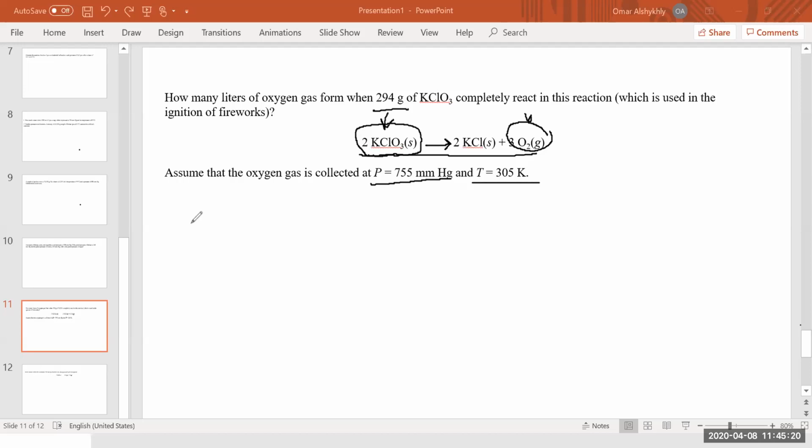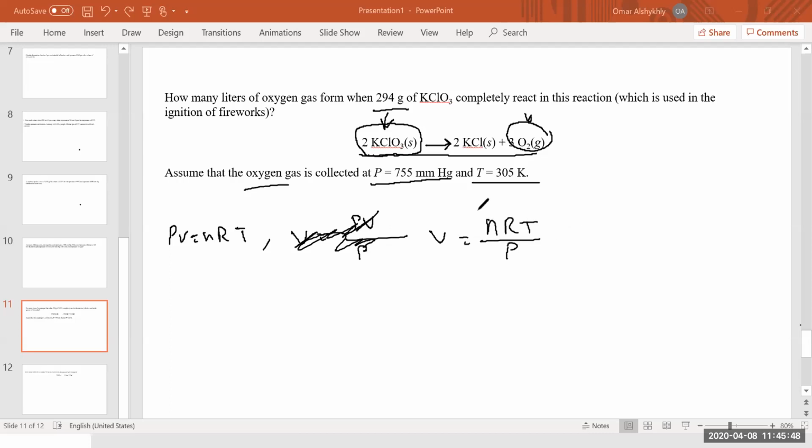Now, let's look at the information that we have for calculating the volume of oxygen gas. We know PV equals nRT. So to calculate the volume, the volume will be nRT divided by the pressure. This is the pressure after you convert it to atmosphere. Use it here. This is the temperature.